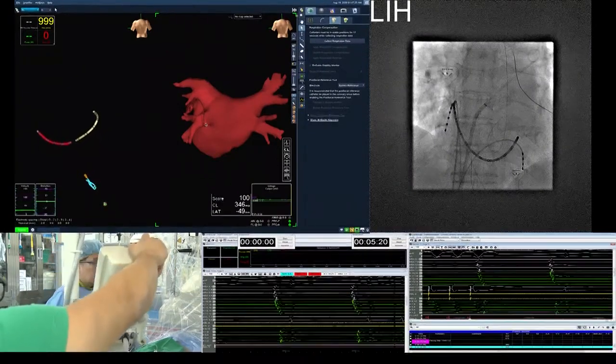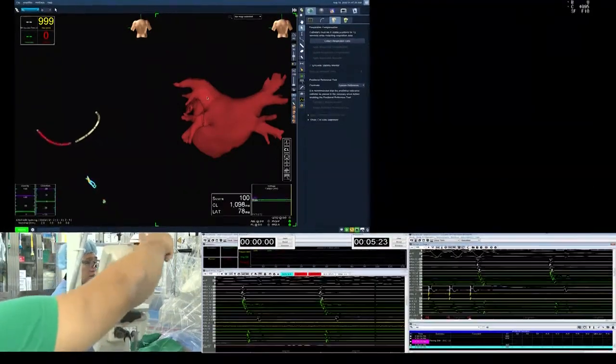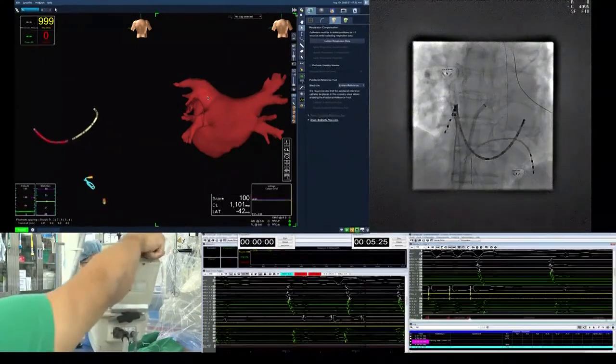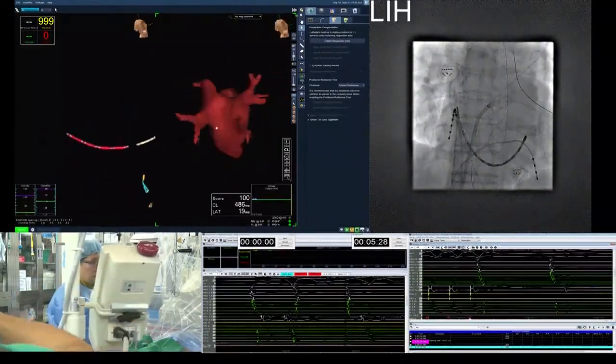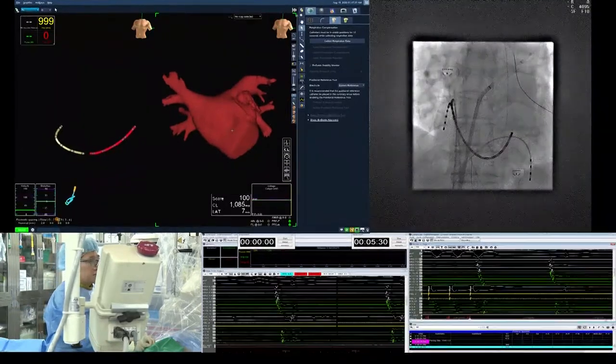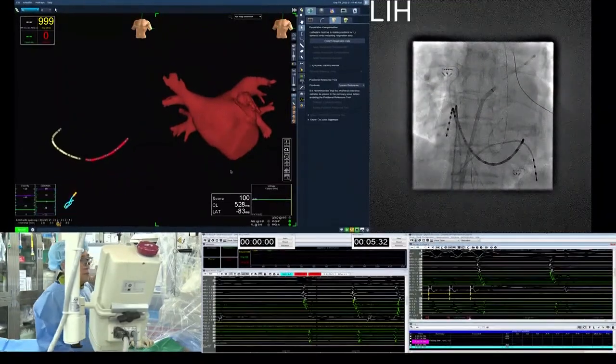For the angiogram, we usually pace the right ventricle rapidly, and by reducing the diastolic filling time, you can make a beautiful angiogram.